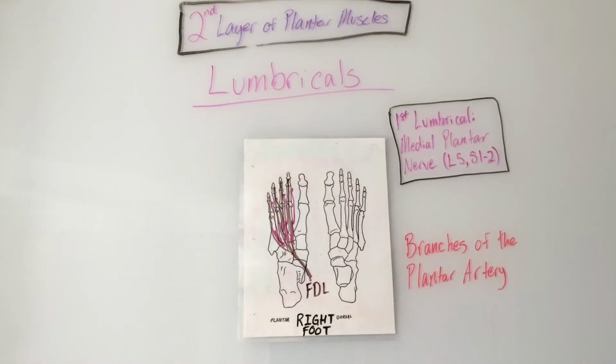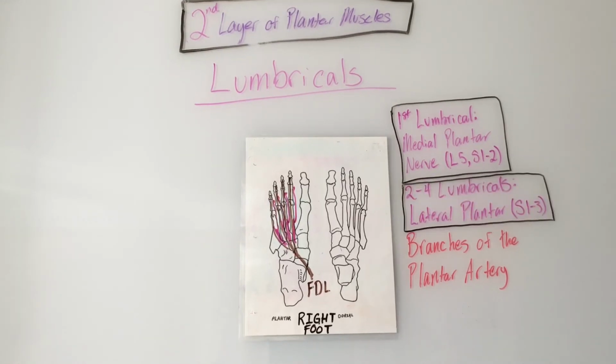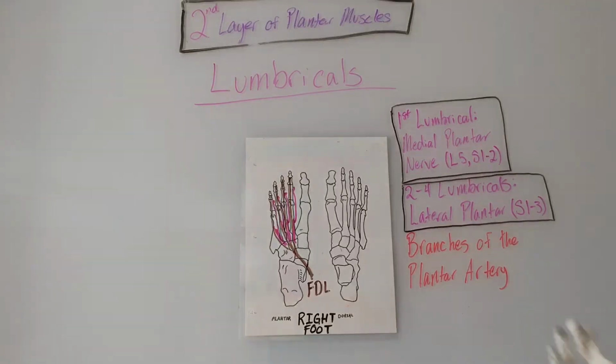First lumbrical is innervated by the medial plantar nerve L5, S1, and 2. Innervation for the second through fourth lumbricals are by the lateral plantar nerve S1 through 3. The blood supply are branches of the plantar artery, and the action of the lumbricals is to flex the metatarsophalangeal joints and to extend the IP joints of the lesser four digits.